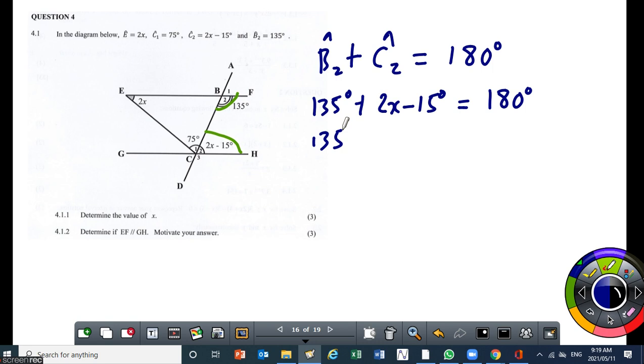Hello? Yes. Okay. Kisha, I hope you are aware that we are trying to prove that EF is parallel to GH. EF is not parallel to GH because it's not given on the diagram.